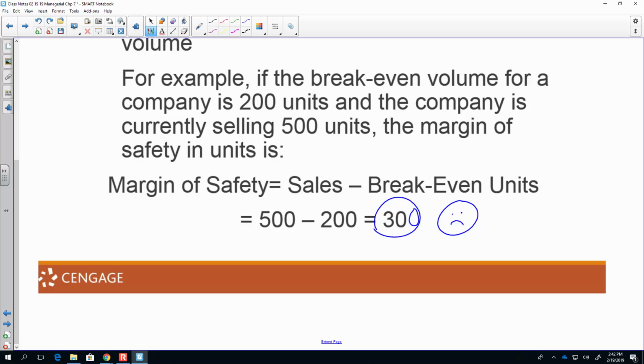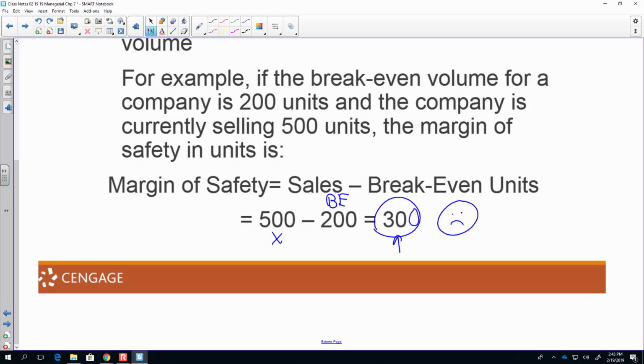So do you think that's a good margin of safety? Here's where we're at, 500. Here's our break even. How's 300 as a margin of safety? There's no wrong answer. What do you think? Good or bad? I think it's good.